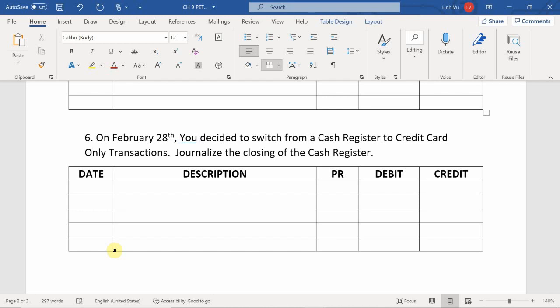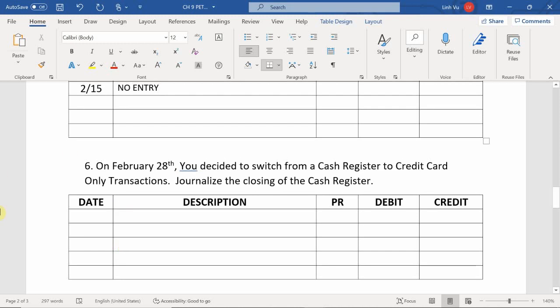So how do I close out my cash register? We would need the line for the checking and then a line for the cash in the register. Yes, right, because in this case, I don't need the cash register anymore, so I need to close it out.